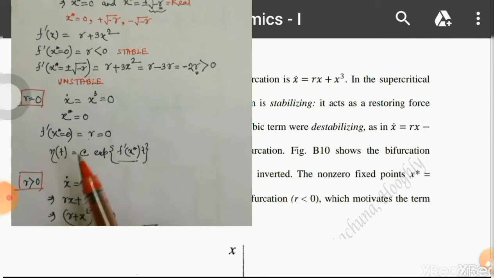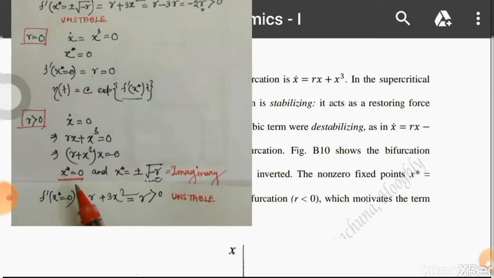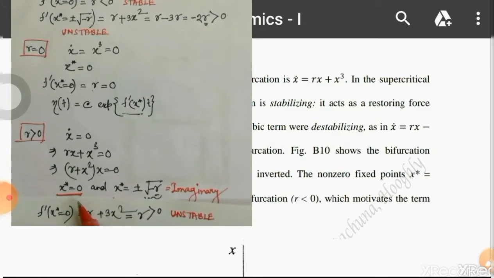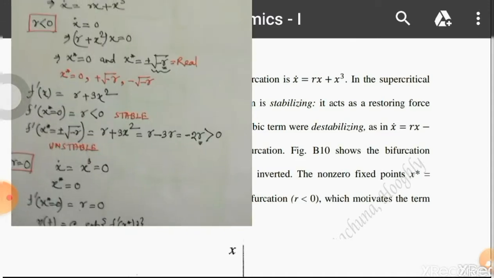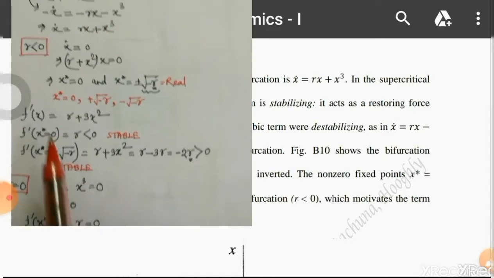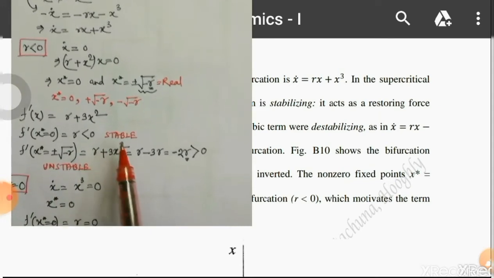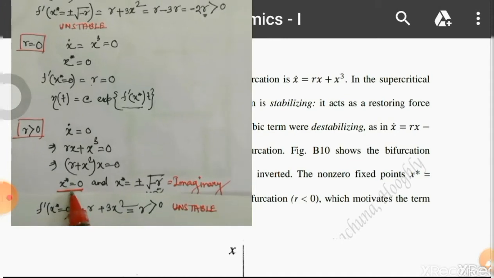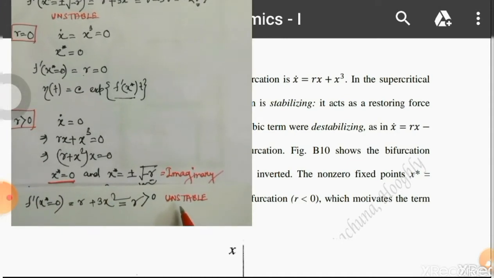When r is equal to 0, we have only one fixed point, and when r is greater than 0, we also have one fixed point, x equal to 0, which is unstable. Thus, when r is less than 0, the origin is stable, and when r becomes greater than 0, the same fixed point becomes unstable.